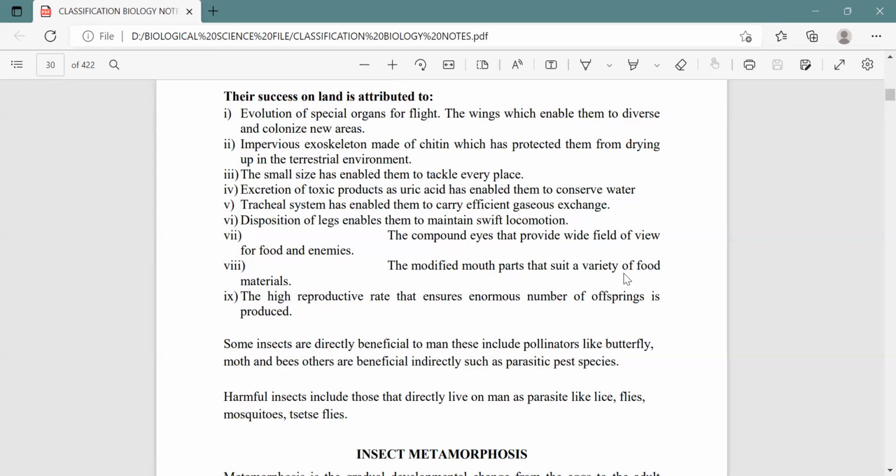Just like we said that the material in the cell wall of plant cells is called cellulose and hemicellulose, now we say the material in the exoskeleton of insects is known as chitin.